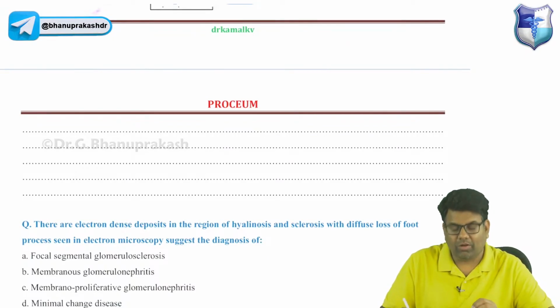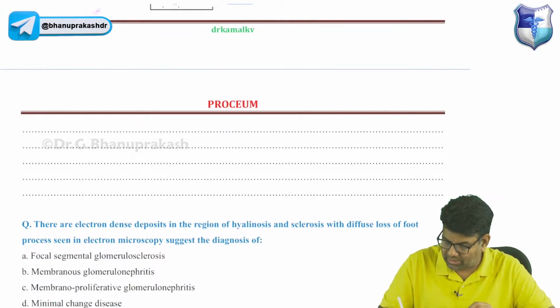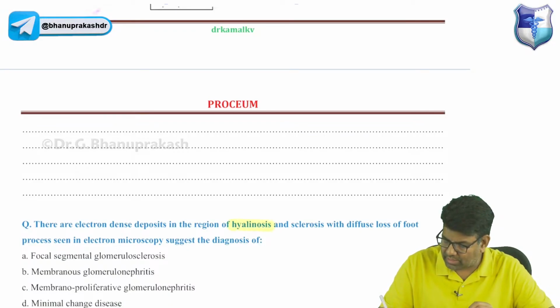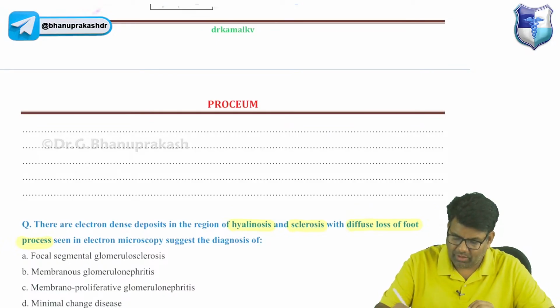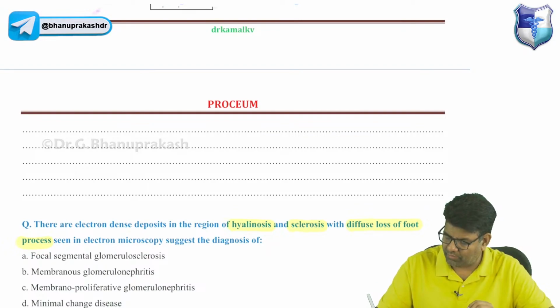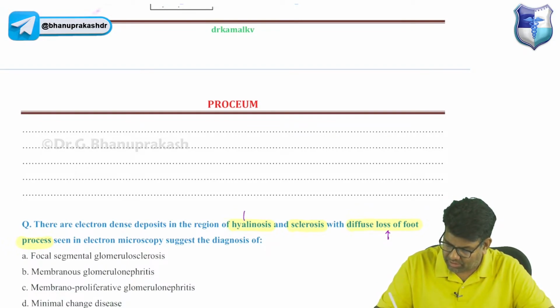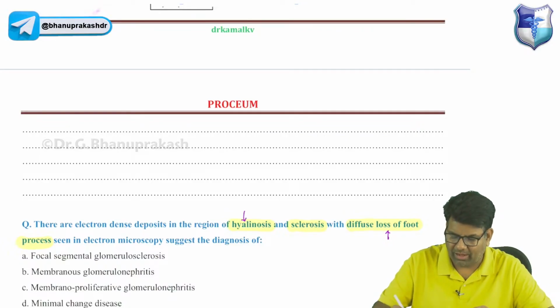There are electron dense deposits with hyalinosis and sclerosis with diffuse loss of foot processes. Here, if you simply focus on diffuse loss of foot processes, you might be wrong. You have to consider hyalinosis as well.